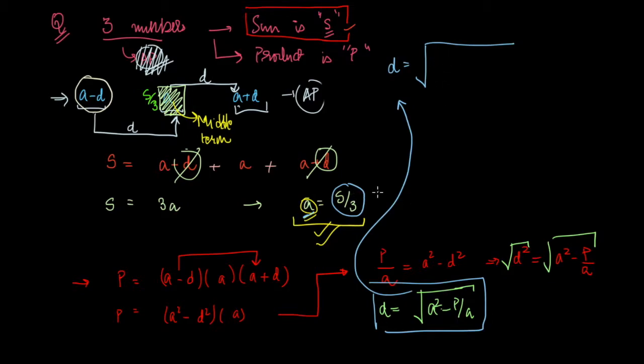So if A equals S by 3, then A square should equal S square by 3 square, which is 9. So we can write down S square by 9 minus P by A. So that's S by 3, and the 3 comes on the top. So this becomes the formula for D.